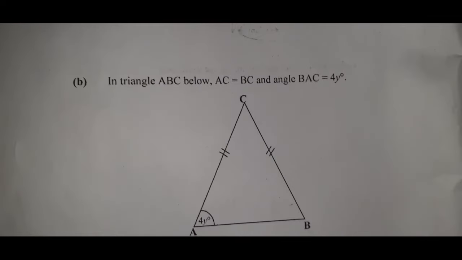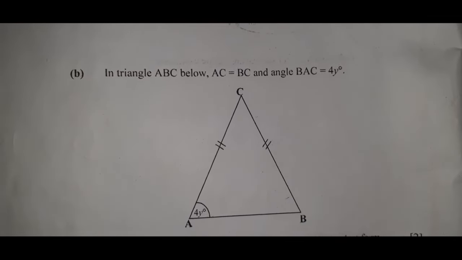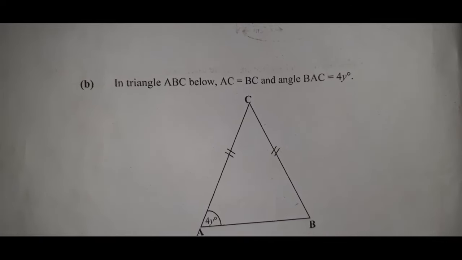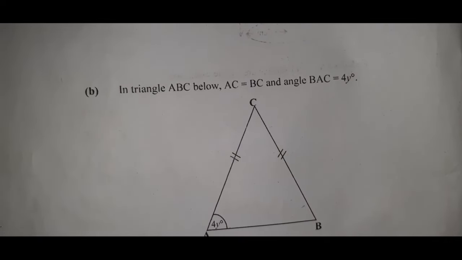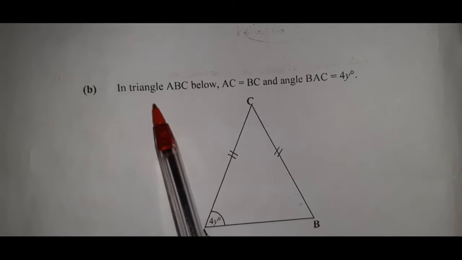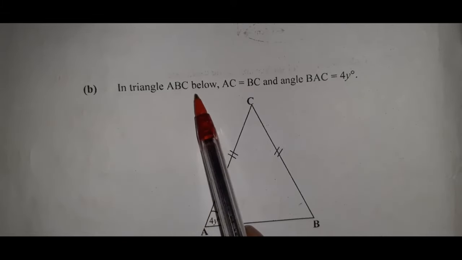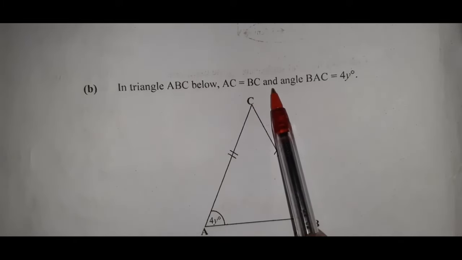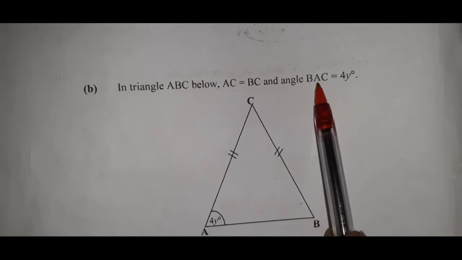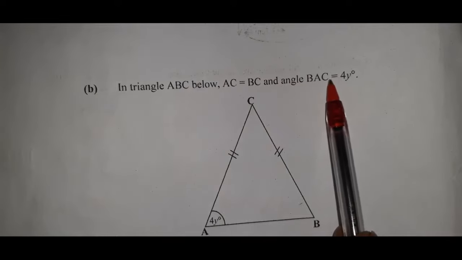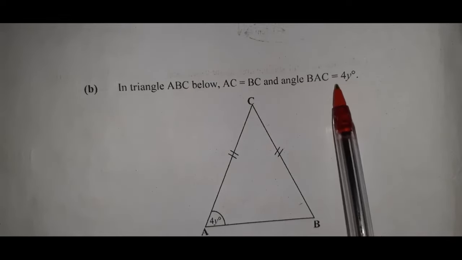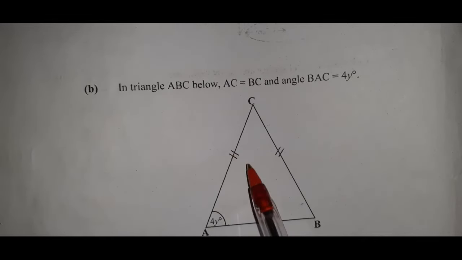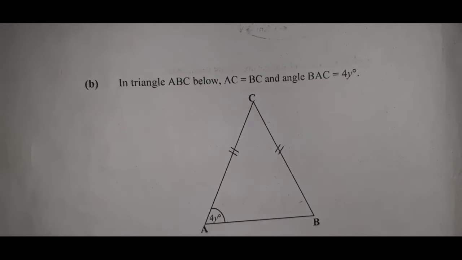Then we come to the next one. What are we having here? So this one, in triangle ABC below, AC is equal to BC, and angle BAC is equal to 4y. Now, you know that once we have these two here, this is telling us that this is an isosceles triangle.